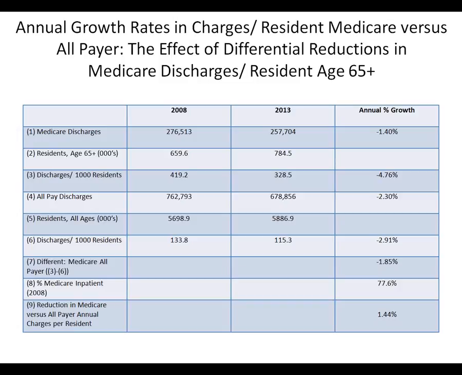So in other words, those two factors, the distribution of Medicare claims over inpatient and outpatient versus all-payer, and the differential reduction in Medicare discharges versus all-payer account for 2% approximately of the difference statistic.